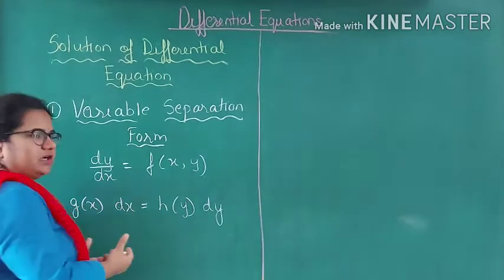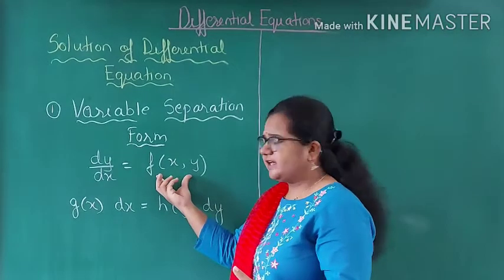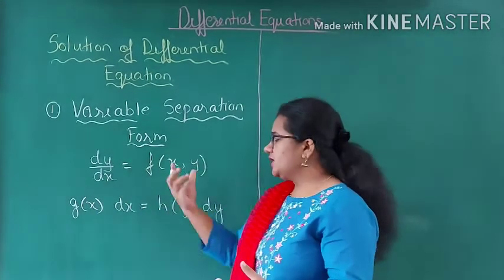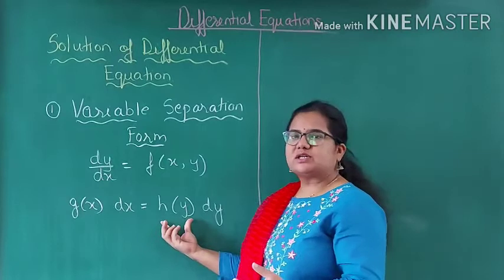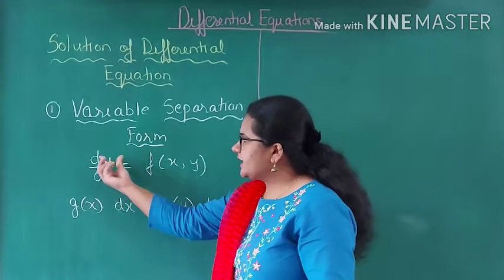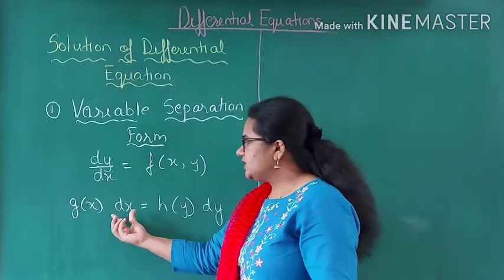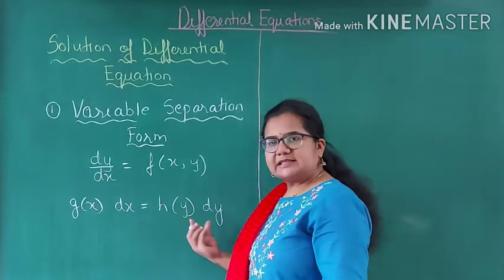So what we have done here, we have separated the functions which consist of x. That becomes a g(x) function. Then we have separated the functions which consist of the variable y. That becomes your h(y) function. Then attach the differentials, which are present in your equation dy by dx. So attach the differentials accordingly, dx and dy.